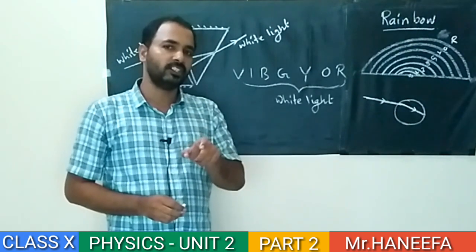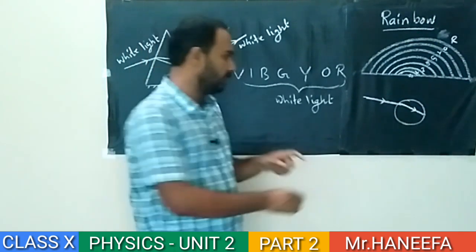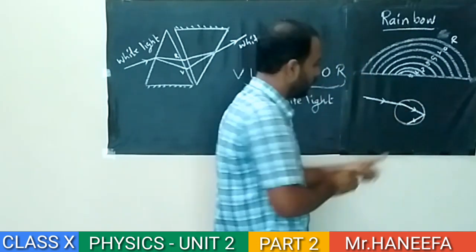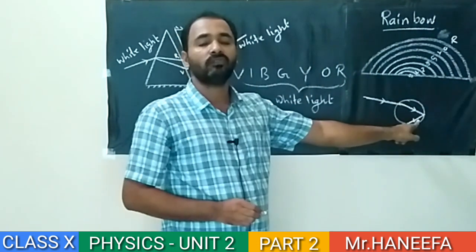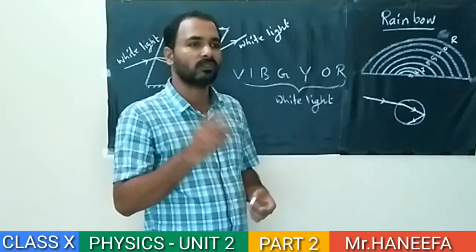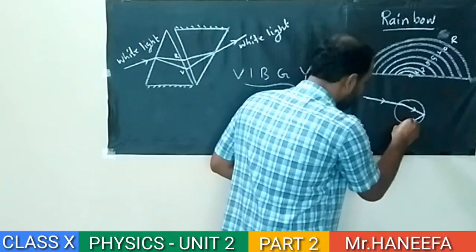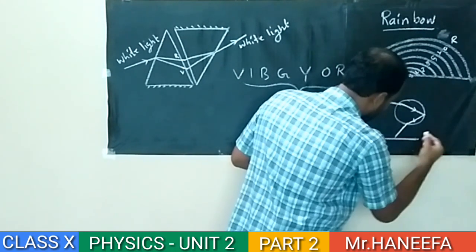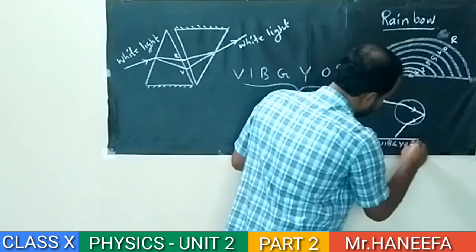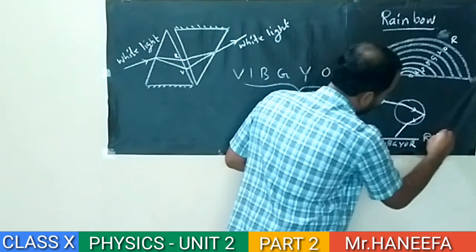Then it undergoes internal reflection. This phenomenon is called internal reflection. Then it comes out from this water drop. So here 7 colors are formed. This is the rainbow.